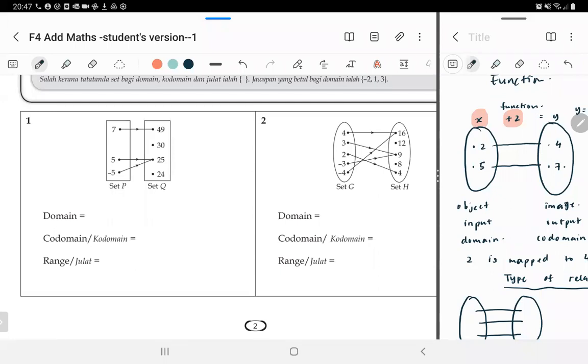Yeah, correct. 7, 5, -5. The sequence doesn't matter. Even though you write -5, 5, 7, or 5, -5, 7, all are okay. Open bracket, 7, 5, -5.